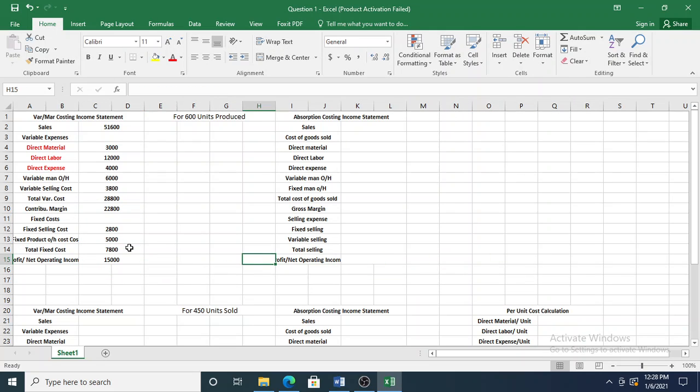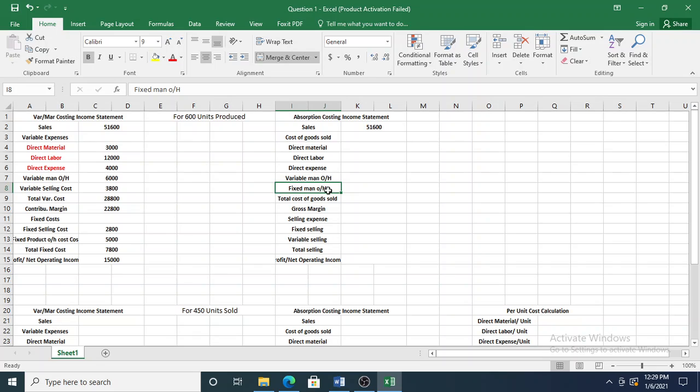Now, for the absorption costing, sales is the same. Now we have cost of goods sold for absorption costing. Here we add direct material, direct labor, direct expenses, variable manufacturing overhead, and fixed manufacturing overhead.